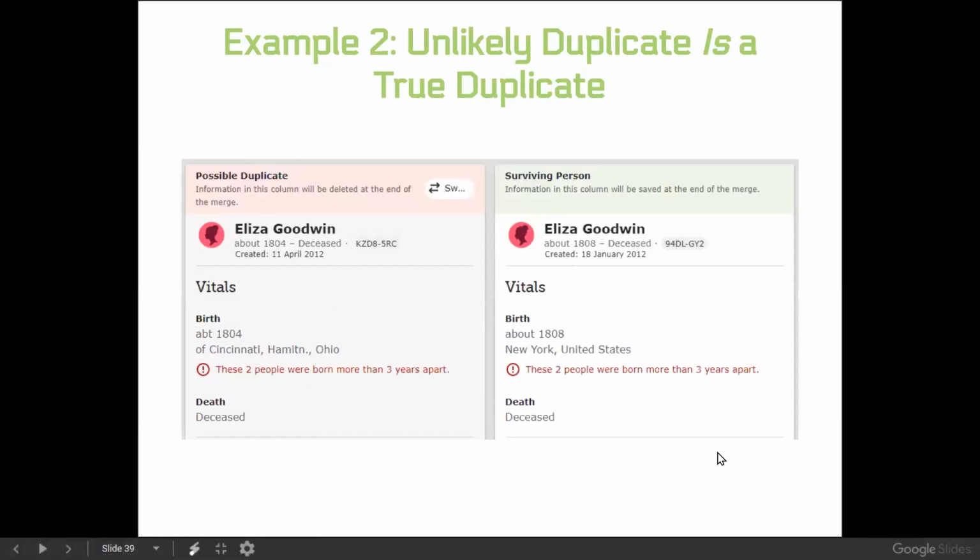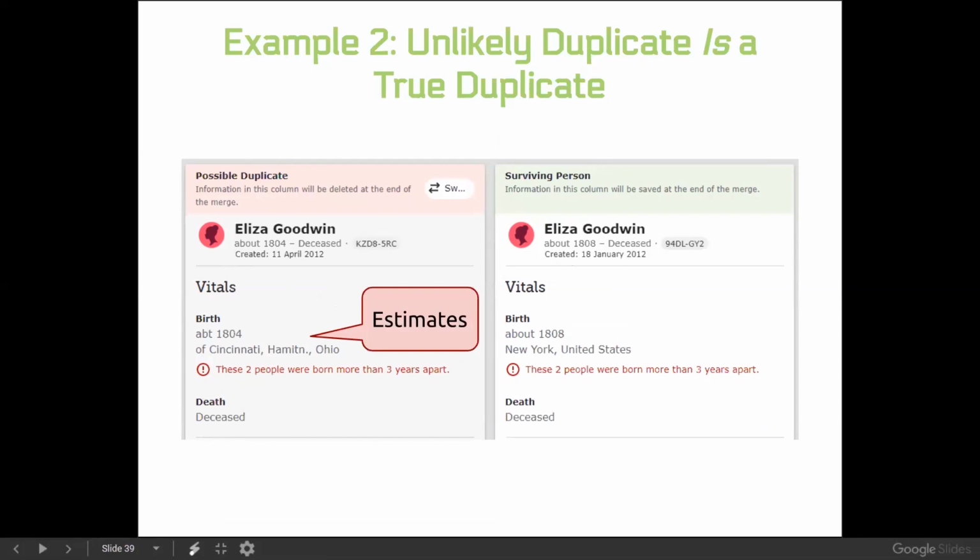So you may be saying, well, what about that conflicting information? And that's a really good question. Look at this information a little more closely, and you see that the person who added it was just estimating. So they estimated about 1804, and they estimated of Cincinnati. And the reason they did that was because when Eliza married Solomon, they lived in Ohio.